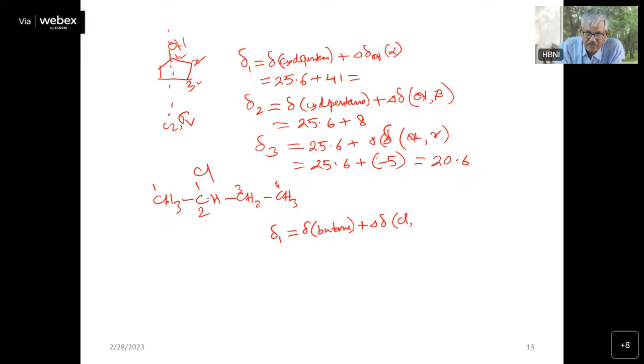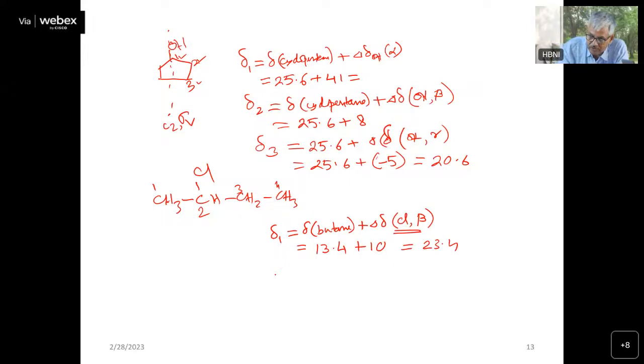You can see this is beta. So that becomes 13.4 as we have seen, plus beta position it is 10. This one, if you see at the beta position, it is 10. So it is becoming 23.4.